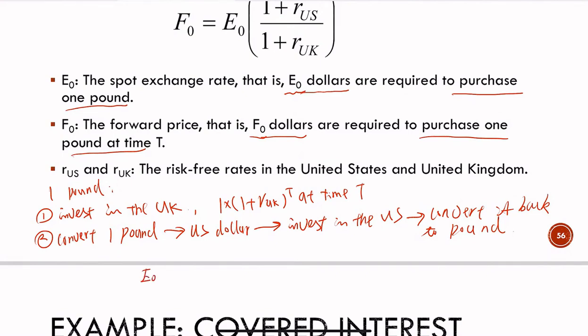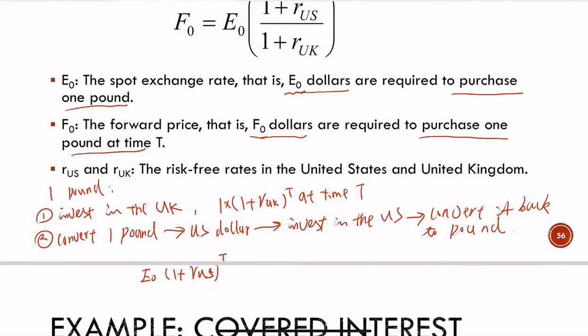And then you will invest in the US for t periods. So you will get this amount after t periods. However, this amount is denominated in US dollars. Now you will want to convert this back to pounds.